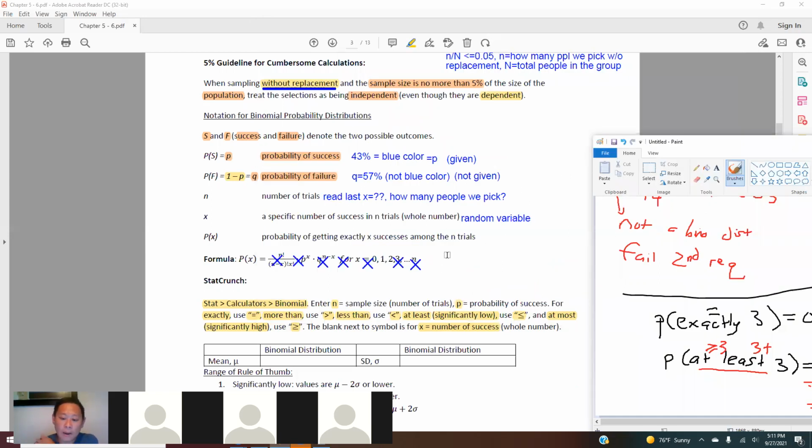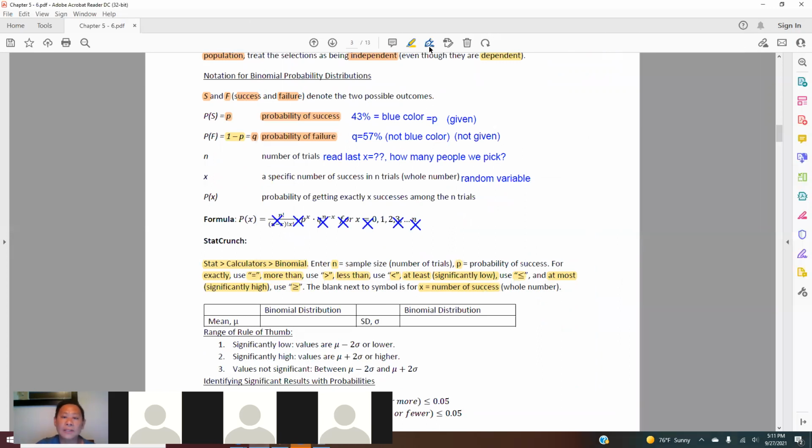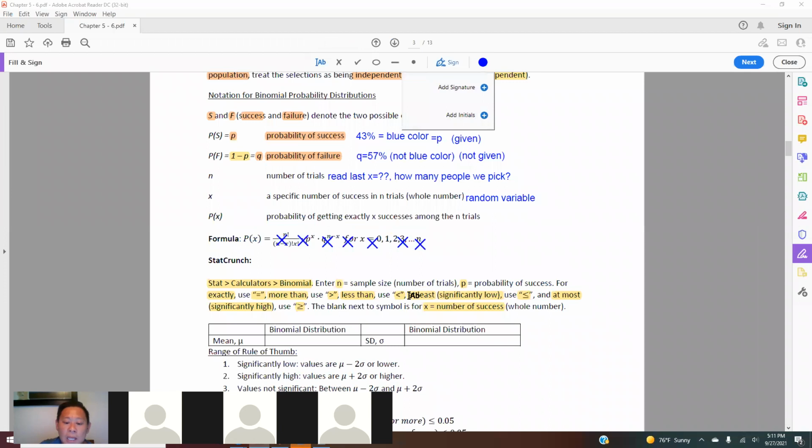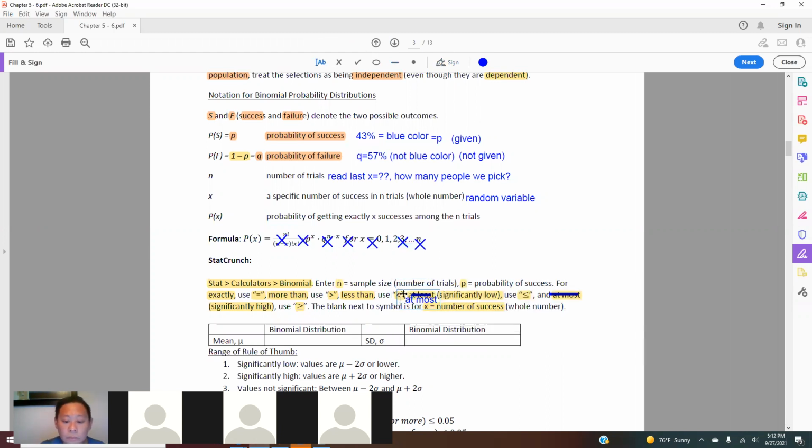I am so sorry. This is completely typed wrong here. If you have this handout, can you please change this? This is not at least, this is at most. These two got switched around. Sorry about that. So this is at most, and this is at least.